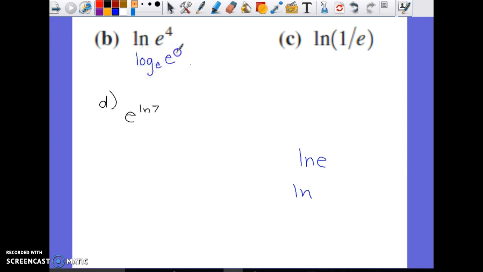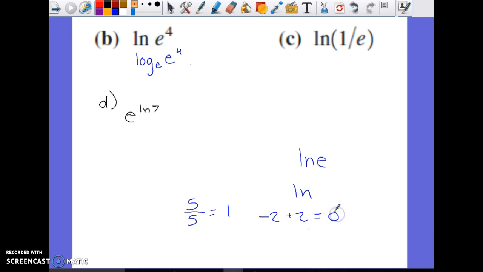And what's fun is having ln and e together because they're inverses, right? If I have 5 divided by 5, I know it's 1. If I have -2 plus 2, those are inverses.